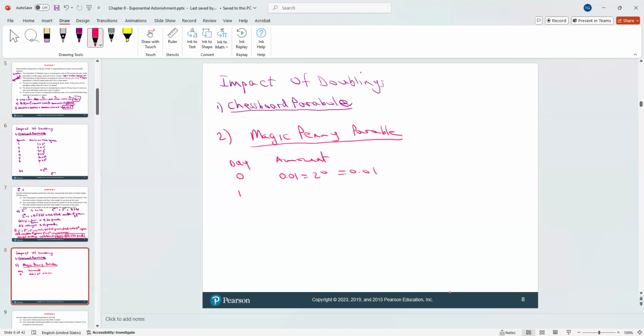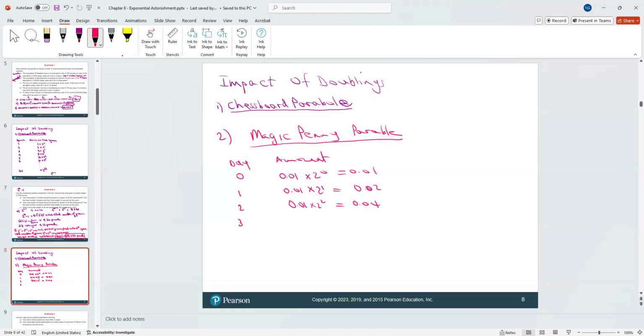And the next day, you'll see it's double. So you're going to have 0.01 times 2 power 1. Now you got 2 pennies, right? And remember, every day it's double. So on day two, 0.01 times 2 power 2, that makes it 4, it's double. That makes it 0.04, I mean 4 cents, right?